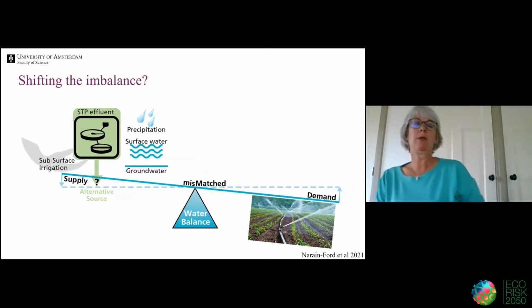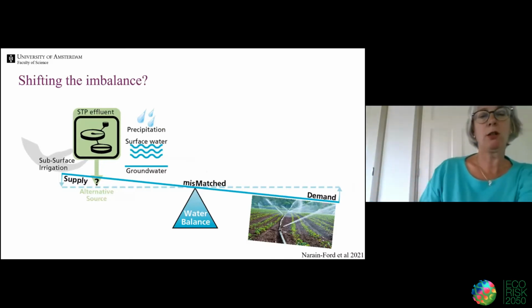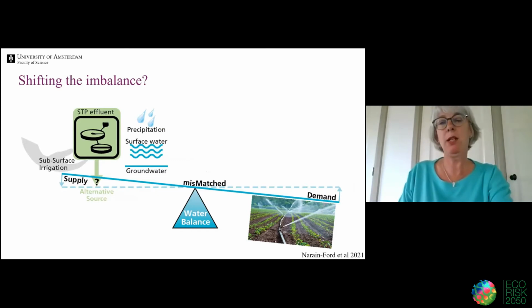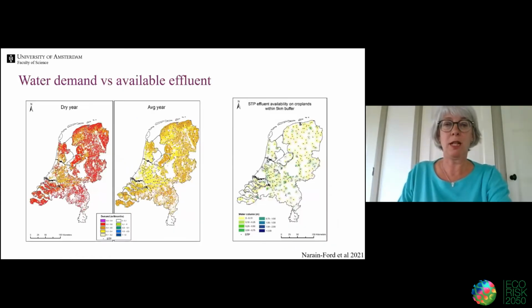What we already did publish is a kind of calculation: how can this reuse shift the imbalance in these dry years? Because in these dry years there is really this demand for water, and how can sewage treatment plants help to shift the imbalance? Here you see the Netherlands in a dry year.